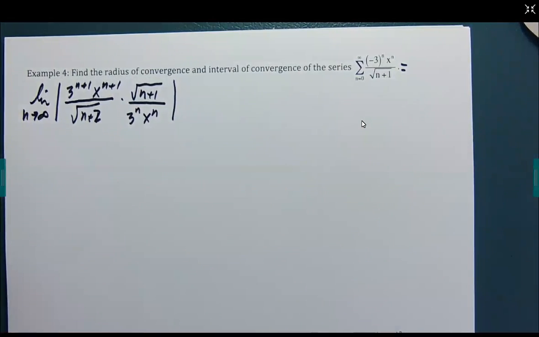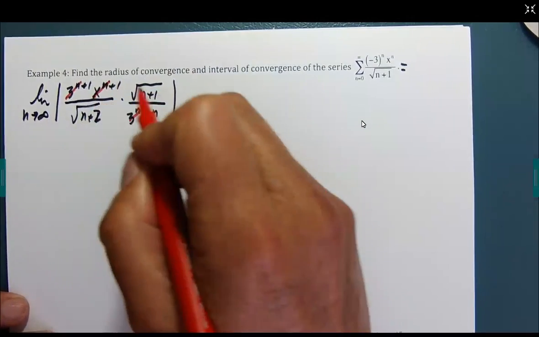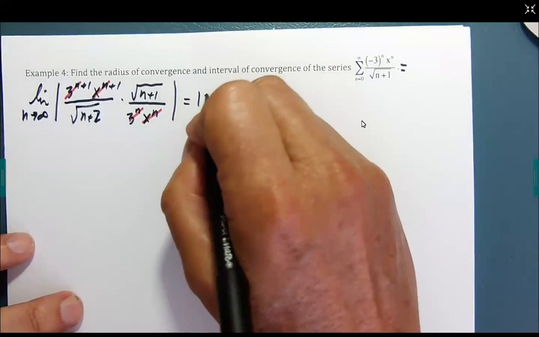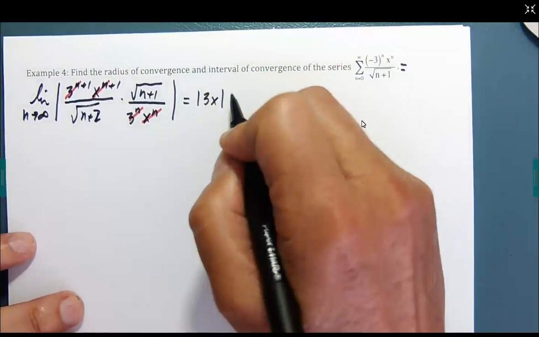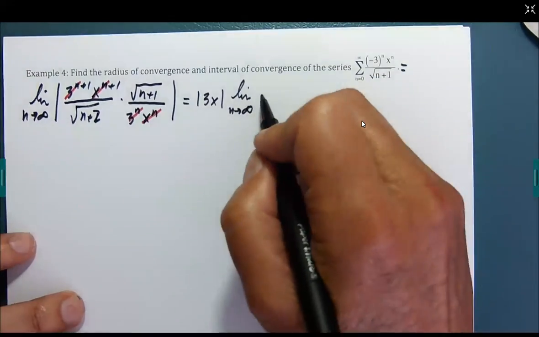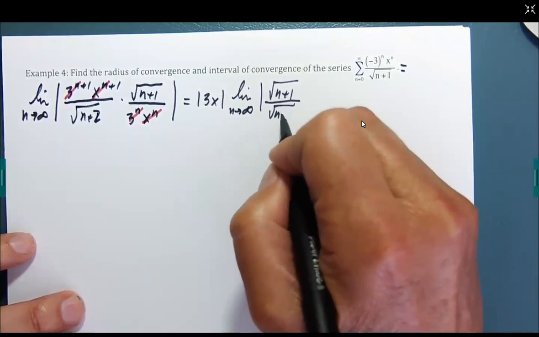And I'm hoping that we can see the 3 to the n's go away, the x to the n's go away. And I'm left with the absolute value of 3x times the limit of the square root of n plus 1 over the square root of n plus 2.